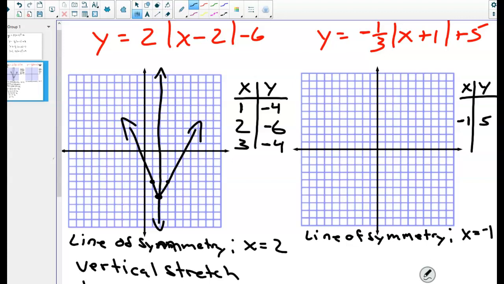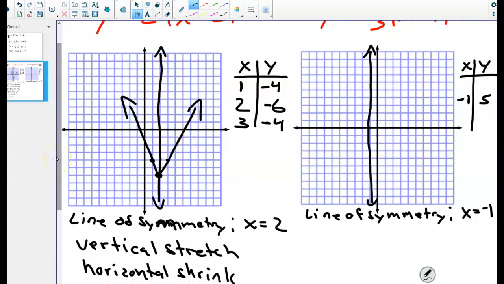Right away I can get it. Line of symmetry. My A value, the absolute value of it, is less than 1, but greater than negative 1. Basically, it's a fraction less than 1, which creates now vertical shrink. Means it's going to take longer to go up, but it makes your graph wider. So that's horizontal stretch.